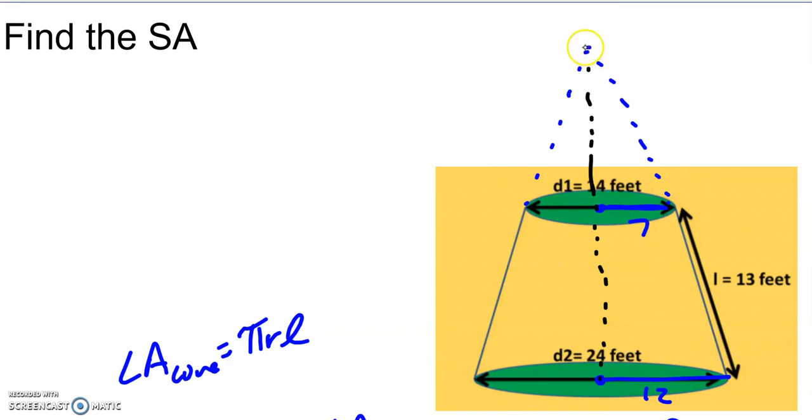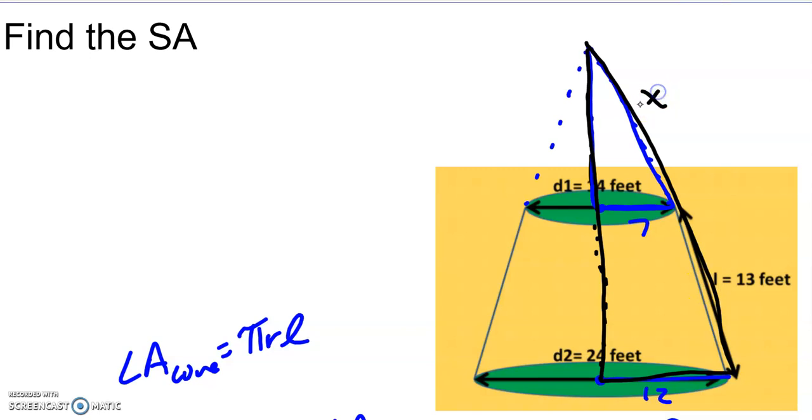Again, we're looking at the triangle on the top versus the larger triangle, and we know those are similar. I'm going to put some markings on here. Now, this is not the slant height of the larger or the smaller cone. It's only a portion of it. We know this is 13, and we definitely need to find the slant height of the smaller cone, x.